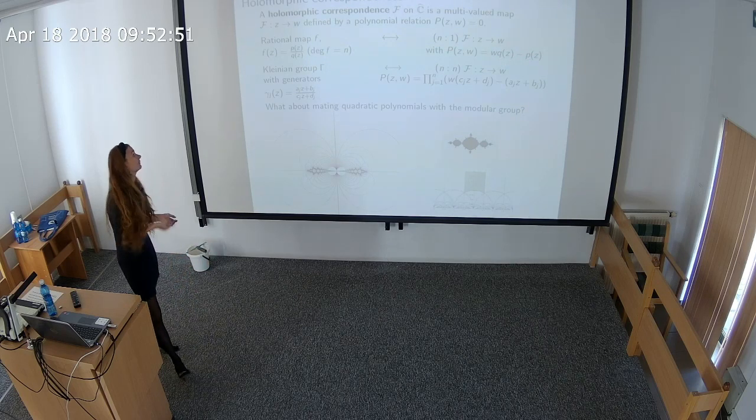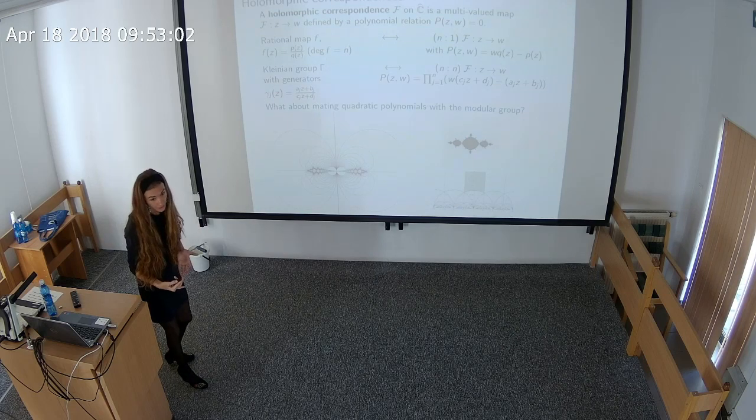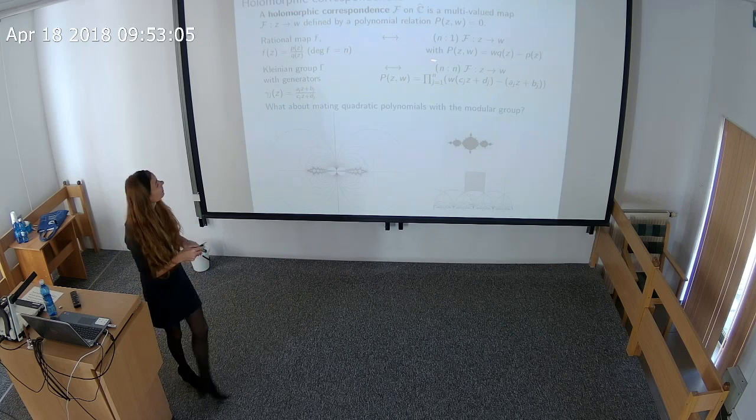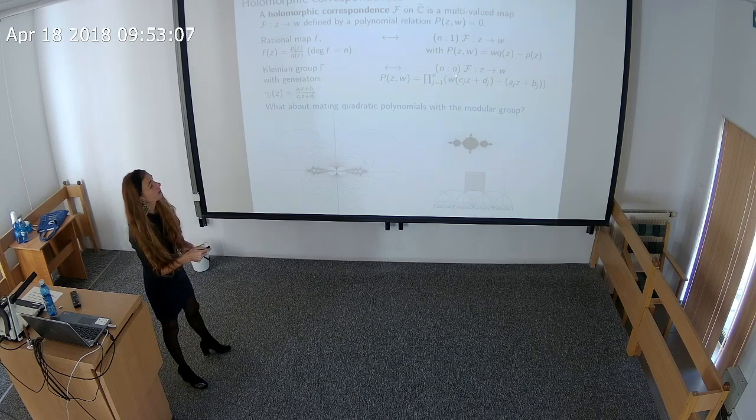And if you have a Kleinian group Gamma with generators gamma 1 to gamma n, written this way, you can write it down as a correspondence defined by the zero of these polynomials, which is w multiplied by the denominator minus the numerator.